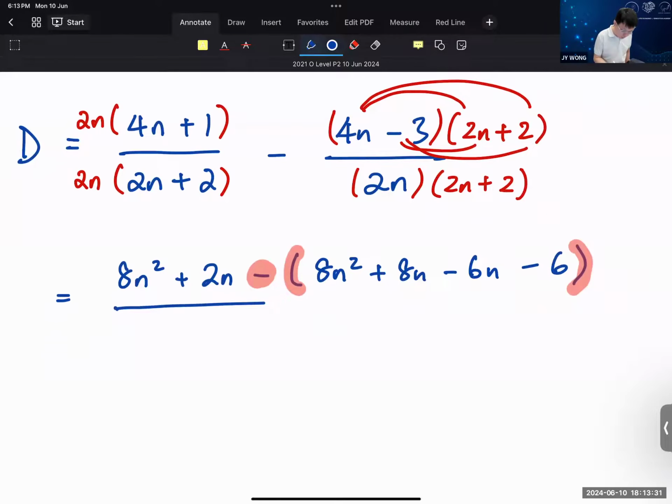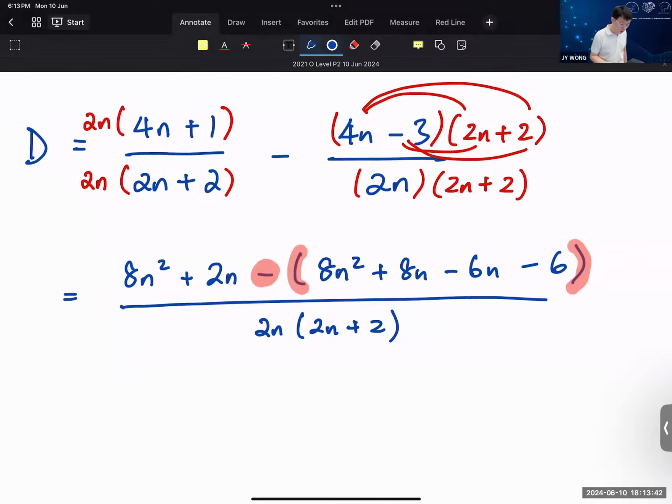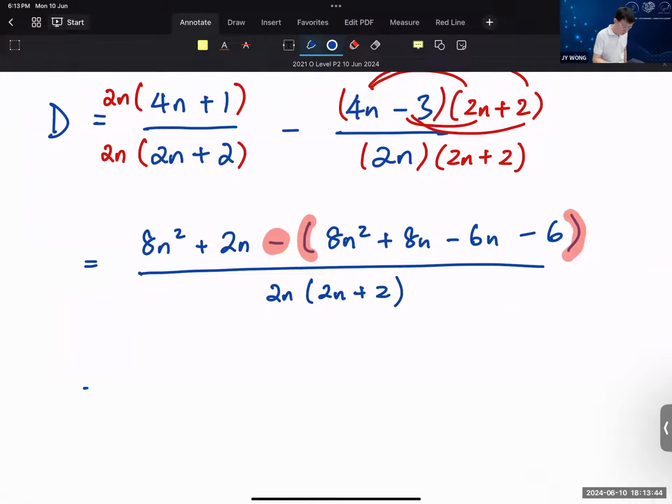And then your denominator is just 2n times 2n plus 2. You do not expand the denominator here because if you recognize in the original d, they tell you that the denominator should be factorized, which is what I should have done just now. I should not have expanded it, but it's fine.